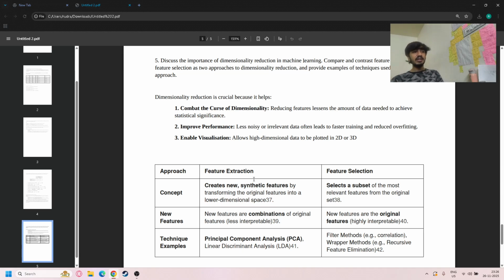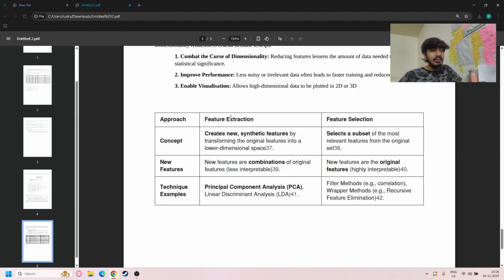So the difference between feature extraction and feature selection. Extraction and selection sound similar, but there is a slight difference here. The concept of feature extraction is to create new synthetic features, and feature selection selects a subset of the most relevant features. So extraction is creating brand new features, but selection is selecting features from a subset of already available ones.